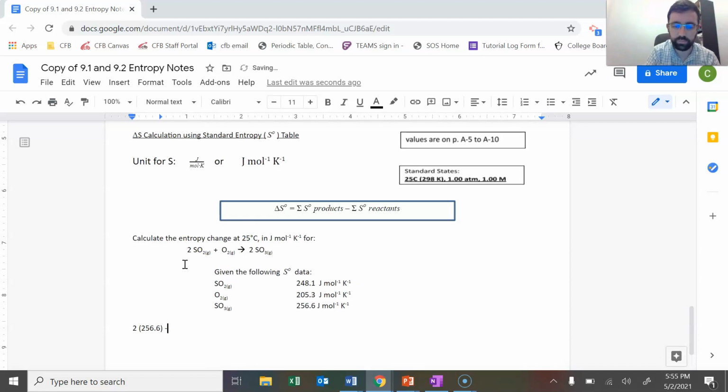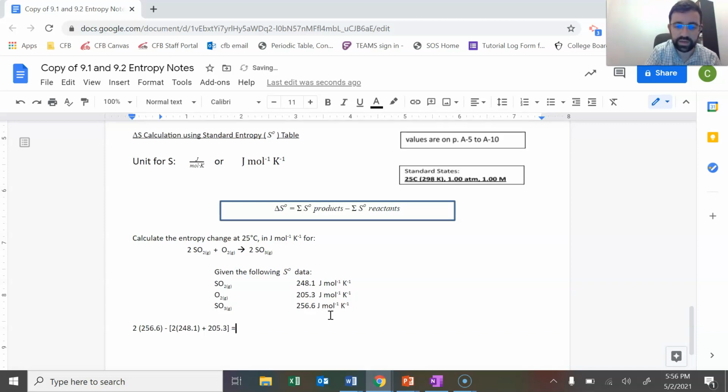Then I'm going to do minus, I have 2 SO2, so I'm going to have 2 times SO2 gas is 248.1, plus the other reactant is oxygen, which is 205.3.